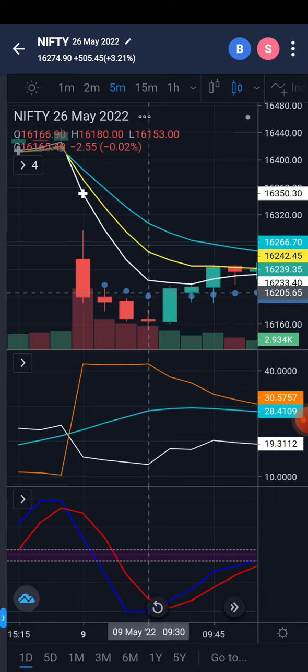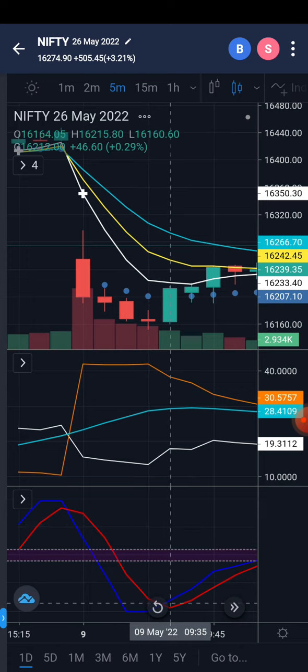Whenever the candles are formed above the VWAP, and the white line, that is the D plus, is above, that means the trend is positive, and the RSI comes from below and crosses 45, like here, like this. If these criteria match, we will go for buying, that is, I go for buying a call.